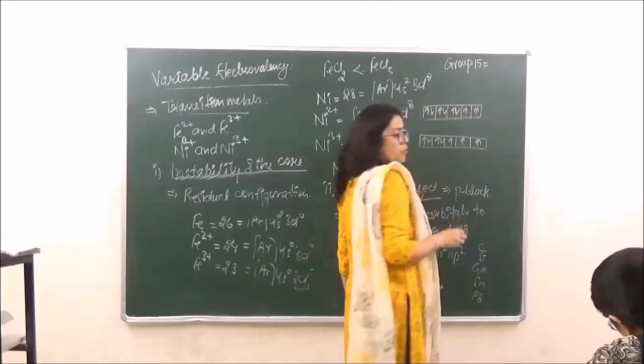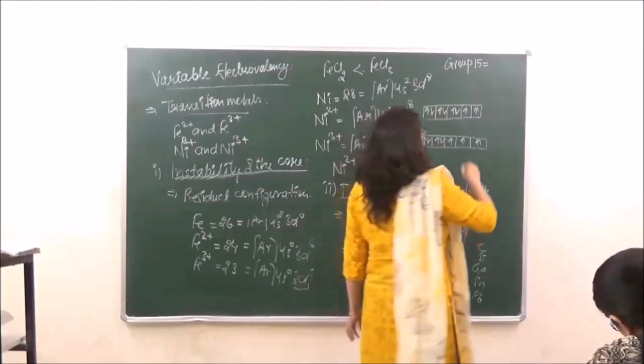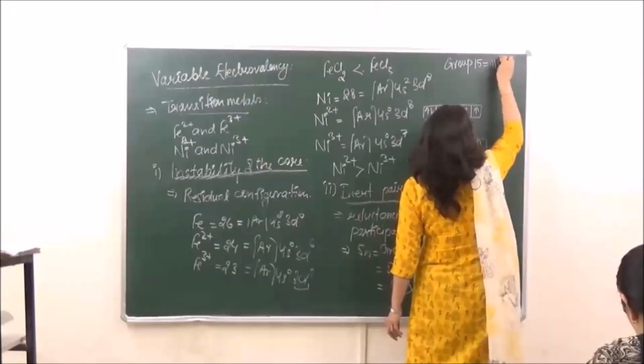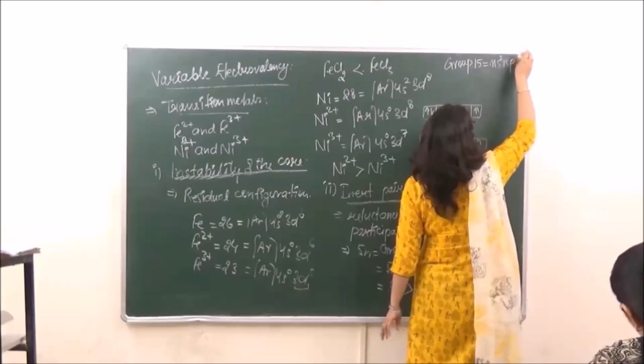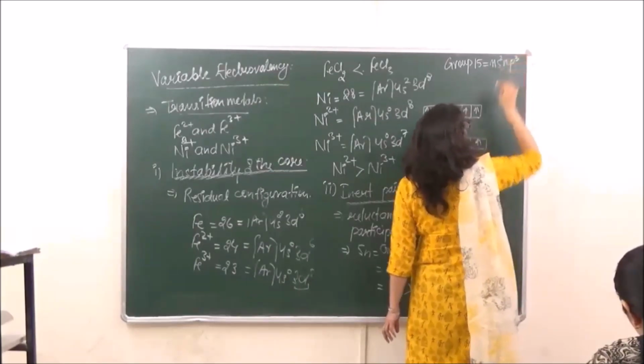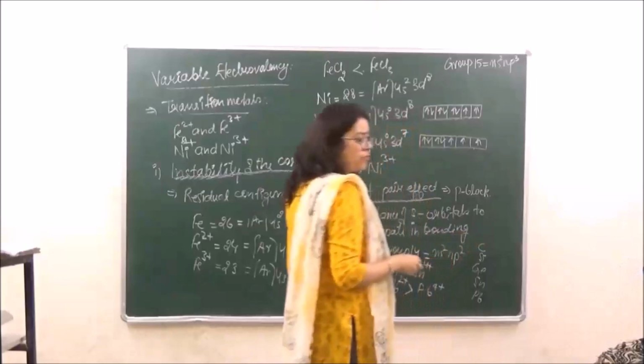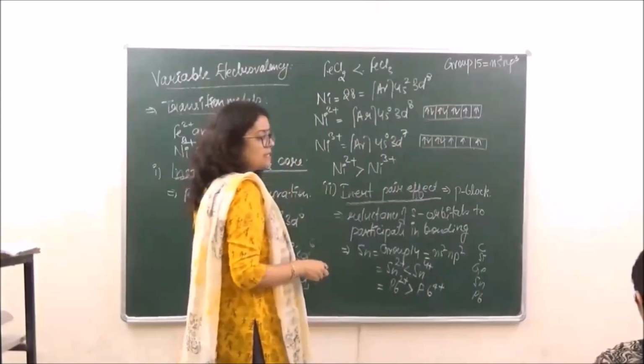If we're talking of group 15 over here, the electronic configuration is ns2np3, 5 valence electrons.